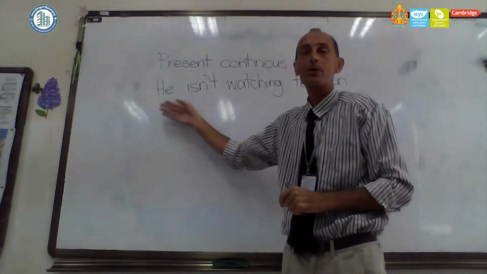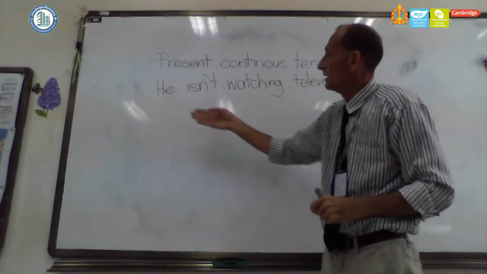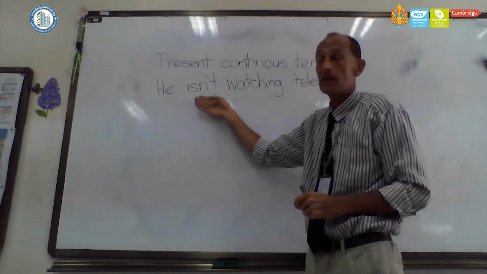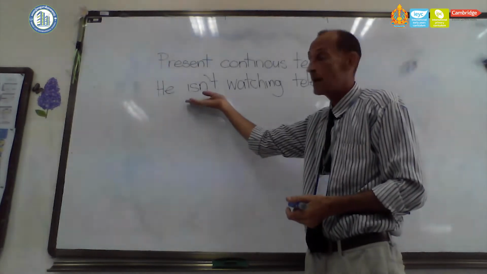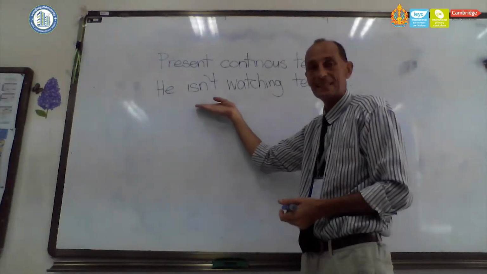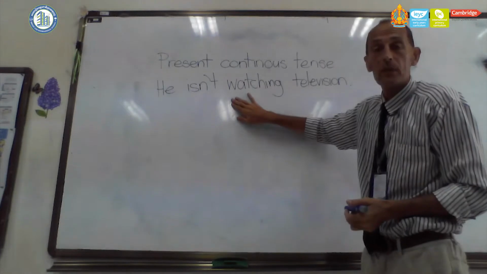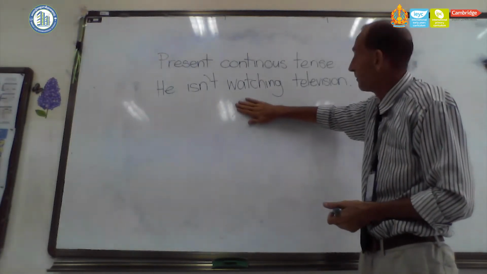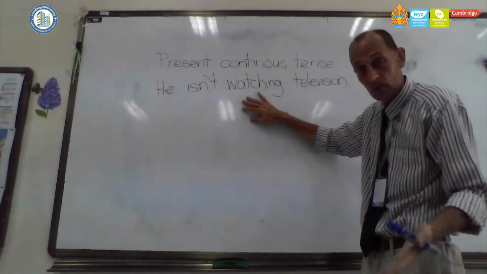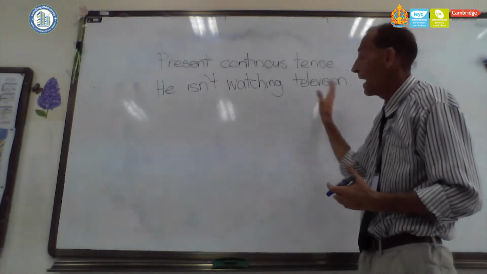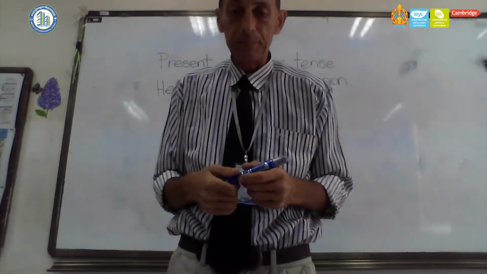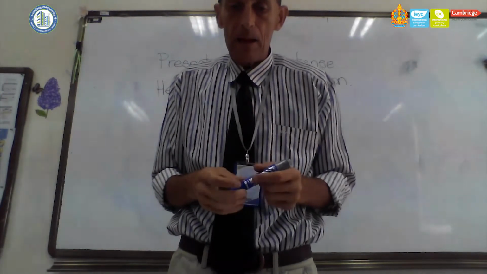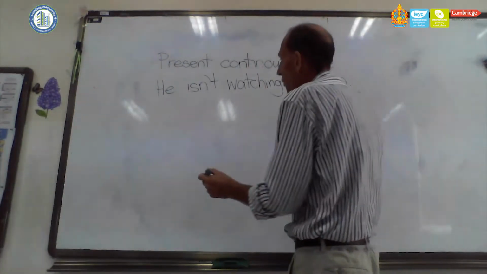So instead of writing not, we changed it and contracted our is not into isn't. Then our action verb, watching, because that's what he was doing right at that time, and then television. So that's one of our negatives. So let's do another one. Let's do we aren't.